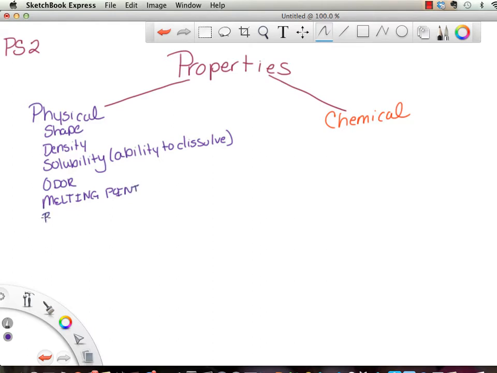Boiling point, because even though I have water, when I turn it into water vapor, it's still going to be H2O. I haven't changed its chemical formula any. Color and freezing point.